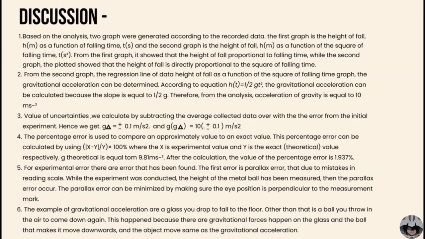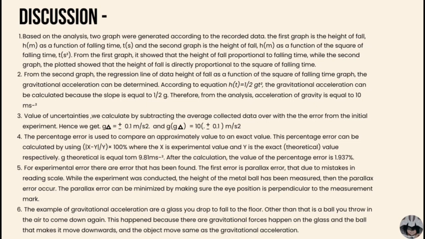From the second graph, the regression line of data for height of fall as a function of the square of falling time, the gravitational acceleration can be determined. According to the equation h equals half g t squared, the gravitational acceleration can be calculated because the slope is equal to half g.